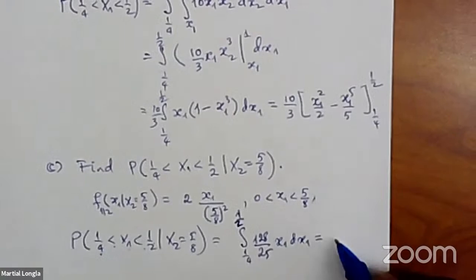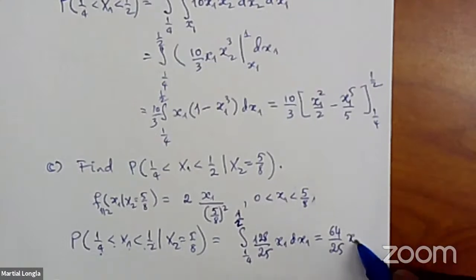So when you integrate that, you get 64/5 x1 squared from 1/4 to 1/2.